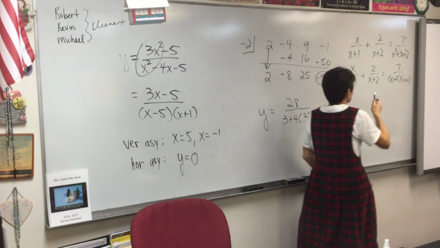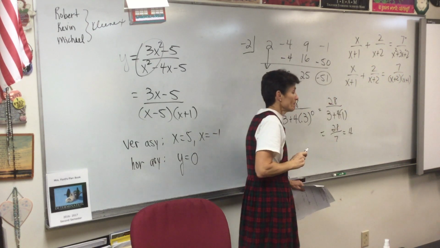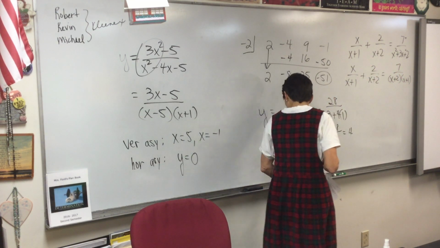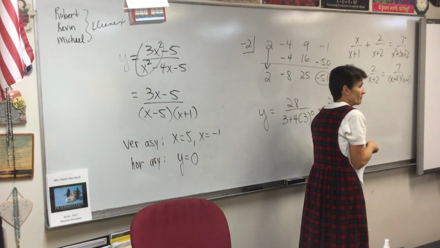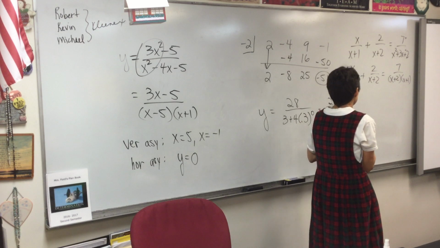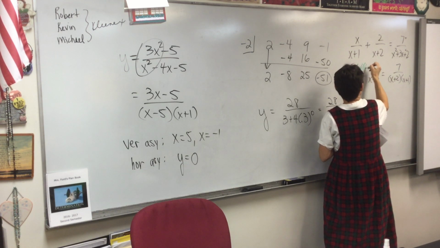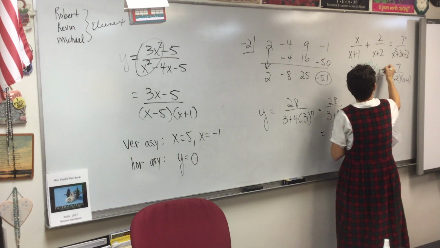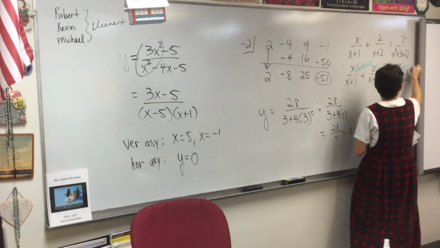And we've observed that usually when we factor that, it's these two factors, usually. Now what? We multiply by those two factors. Yep, we multiply by those two factors. So everything is going to get multiplied by x plus 1, x plus 2.